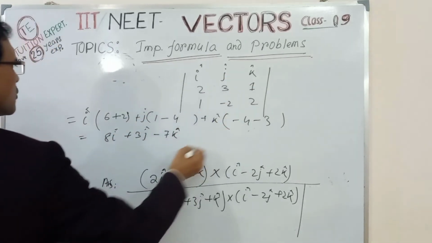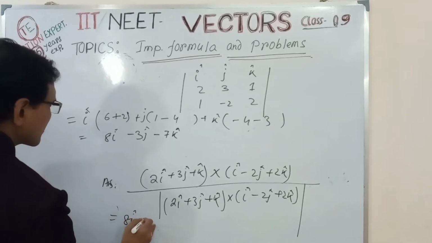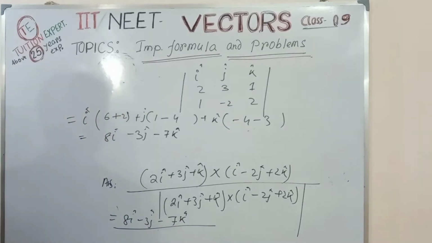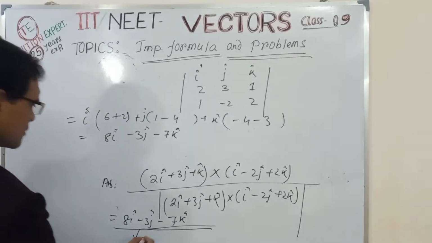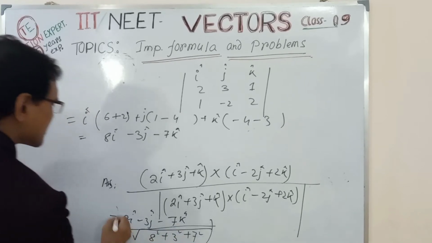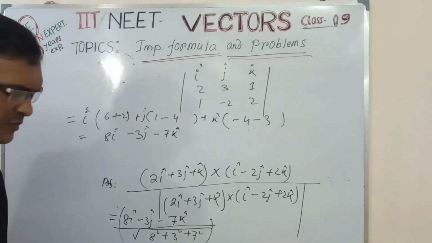Let's say 1 minus 4. The answer becomes the cross product divided by its magnitude. Magnitude is the square root of 8 squared, 3 squared plus 7 squared. So this is the answer. If you take the magnitude of this value, then this becomes unity.